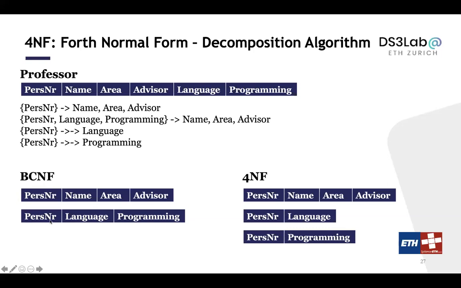However, even though it doesn't have any data redundancy caused by functional dependency, you still have data redundancy caused by multi-value dependency. When you decompose it into fourth normal form, you further decompose this relation into two smaller relations, and you end up with three relations in the output instead of two.